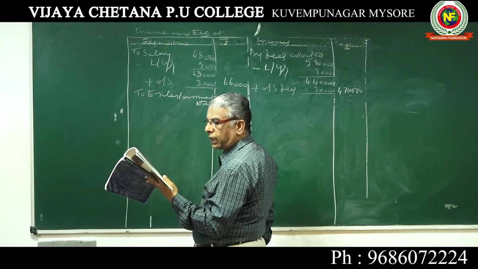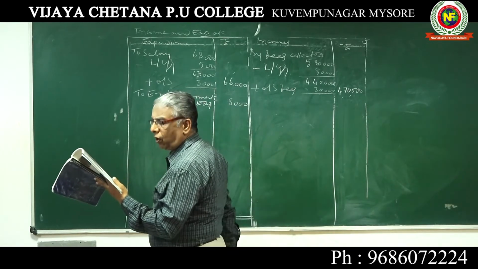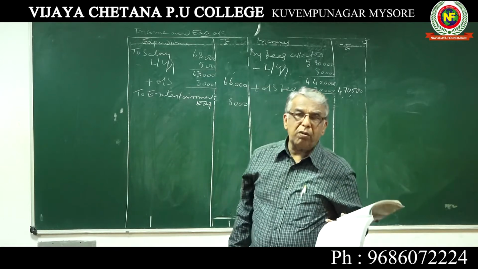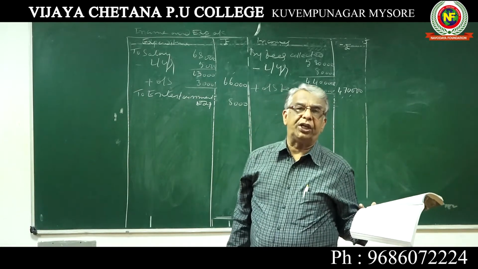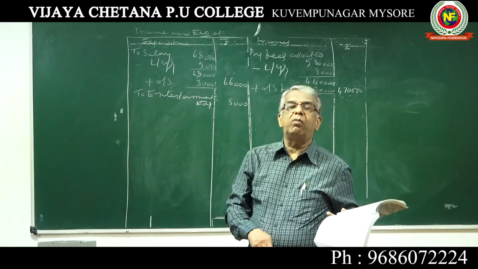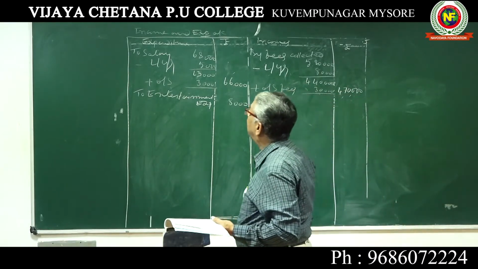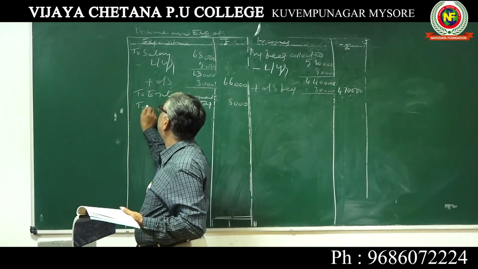Then tournament expenses. Regarding tournament expenses, he has not given a tournament fund. If he had given a tournament fund, then we would have to show it as a deduction in the balance sheet. But in this problem, he has not given the tournament fund. So therefore you take it directly to the expenditure side of the income and expenditure account.